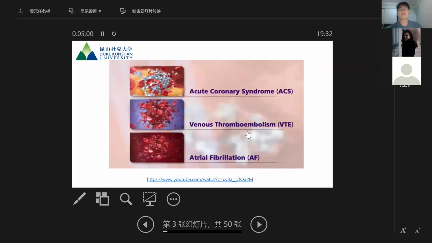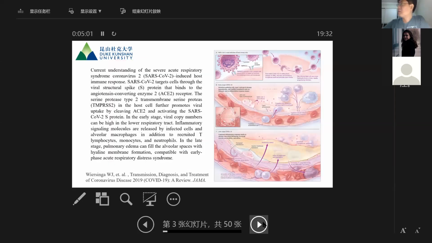It's quite important, especially when you read the review article about coronavirus 19. The paper I show here gives some pathological explanation for the coronavirus. It mentioned that the coronavirus induces inflammation of the alveoli in our lung.